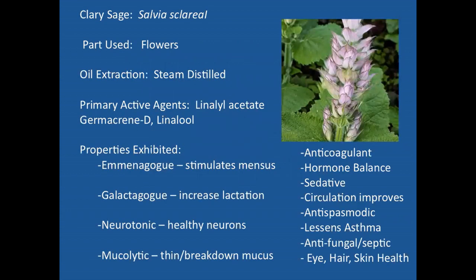So first of all, we're going to look at a plant oil called Clary sage, Salvia sclarea, and it is an interesting plant, and the part that's used is the flower.